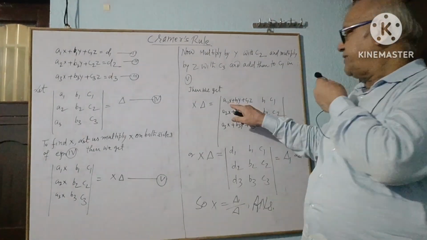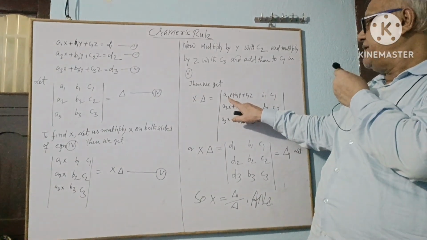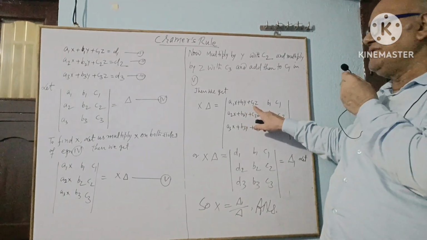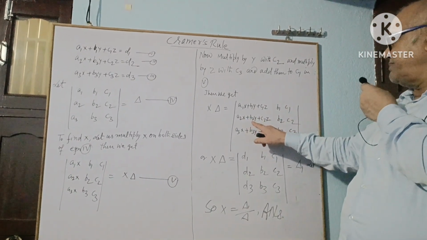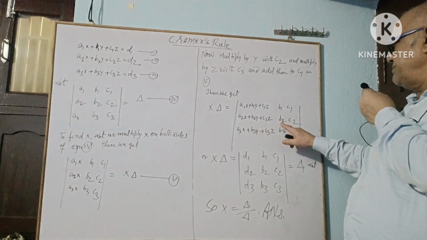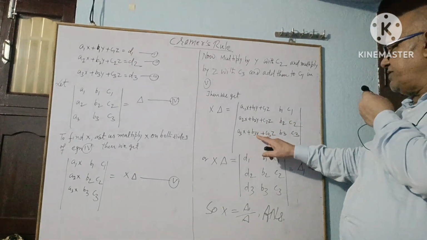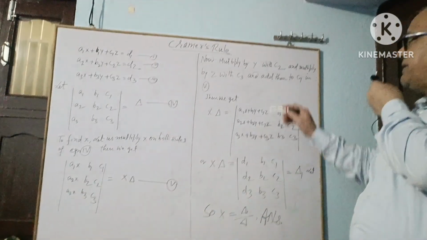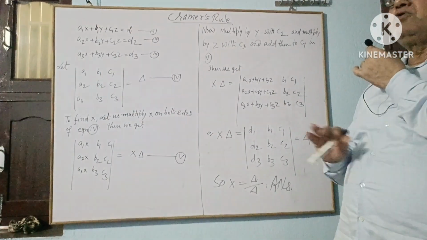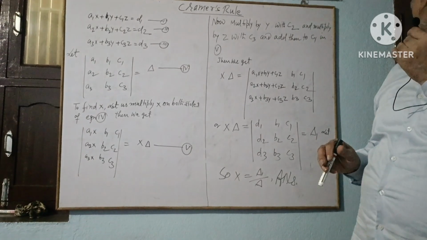So, the first column becomes a1x plus b1y plus c1z, a2x plus b2y plus c2z, a3x plus b3y plus c3z, with the other columns b1, c1, b2, c2, b3, c3 unchanged. By doing that, there will be no change in the value of the determinant.